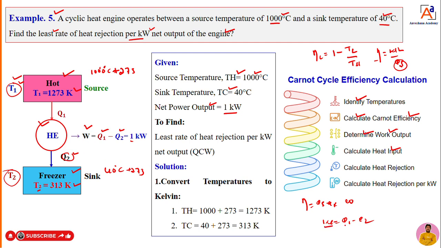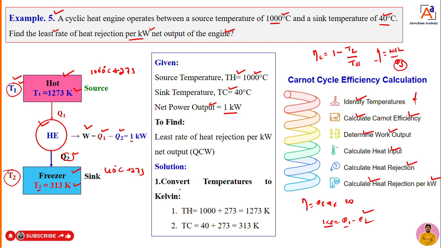Once you know the value of W and the value of Q1, you can easily calculate Q2. So the heat rejected from the engine can be calculated with the help of these equations, and expressed per kilowatt. This is the procedure we need to follow to solve this numerical.